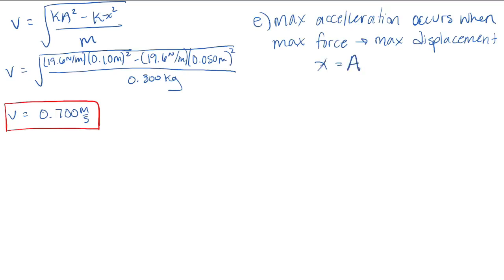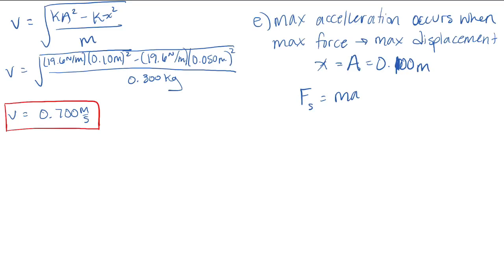So in this case, our x displacement is our amplitude A, which is 0.0100 meters.